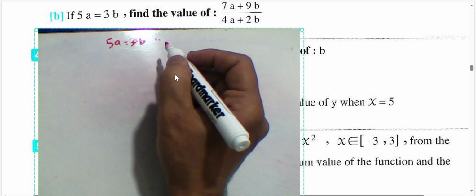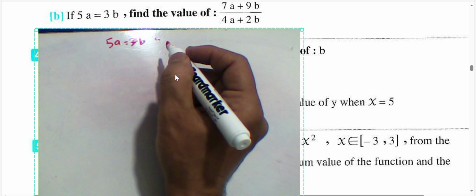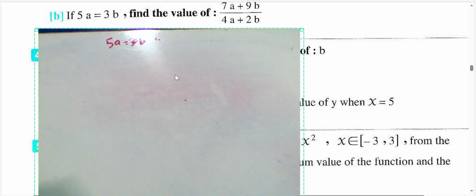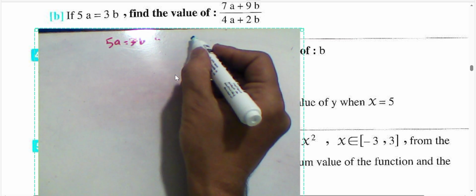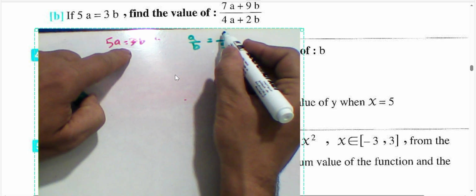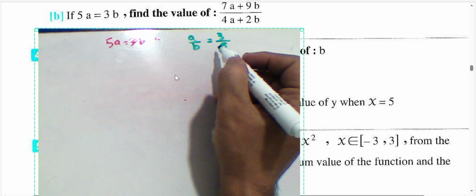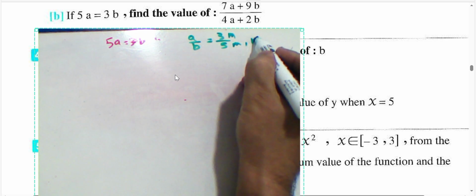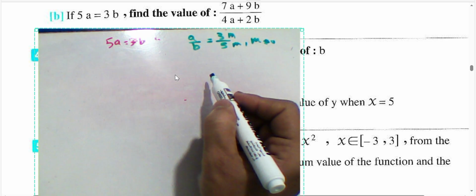Then we have the ratio between a and b. Okay, we can write a over b equals a times 5 and b times 3. Then we have 3 over 5. Put the values 3m and 5m, with m not equal to 0.